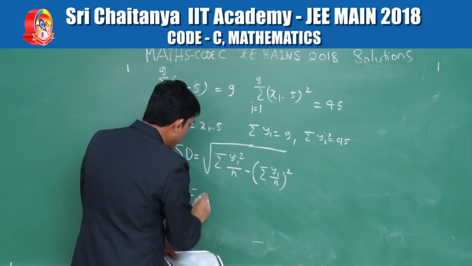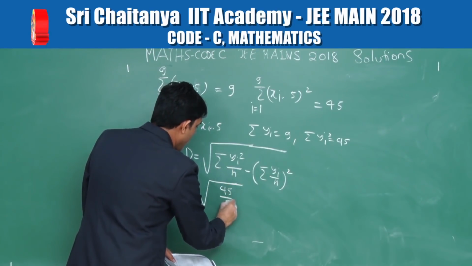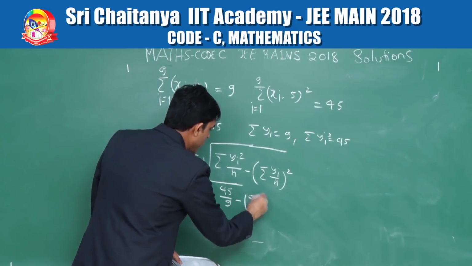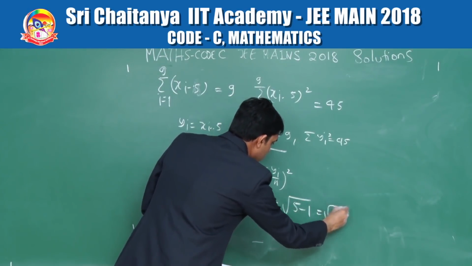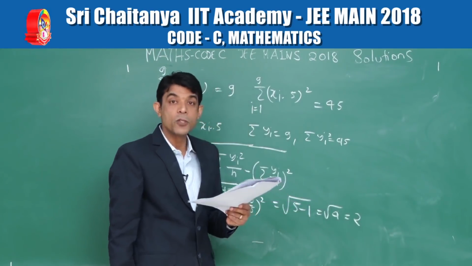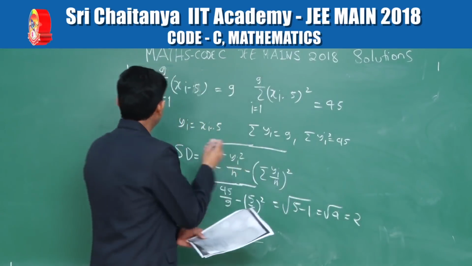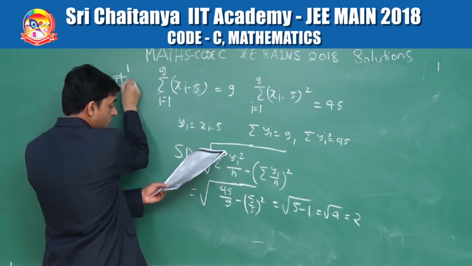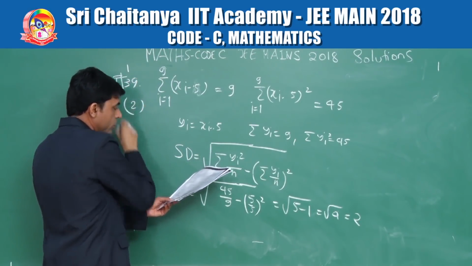This n happens to be 9 here, so now we know this is 45 upon 9 minus (9 upon 9) whole square. That gives you root of 5 minus 1, so that's root 4. That happens to be 2. So the answer happens to be 2, and the choice is option number 2. So option number 2 is correct. So it was number 39. The correct choice is number 2.